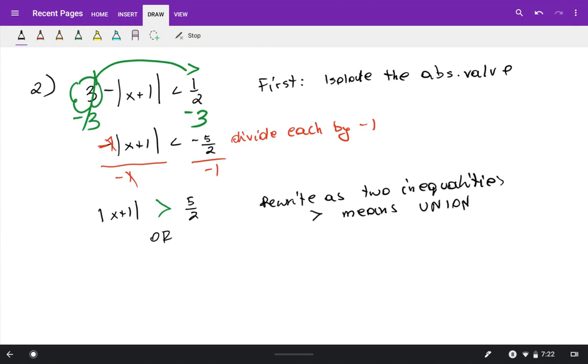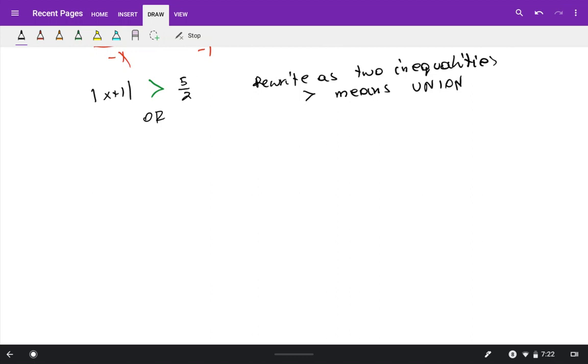The first inequality is just going to be x plus 1 greater than 5/2, or the second inequality, x plus 1, we're going to reverse the inequality symbol to less than, and we're going to switch 5/2 to -5/2.